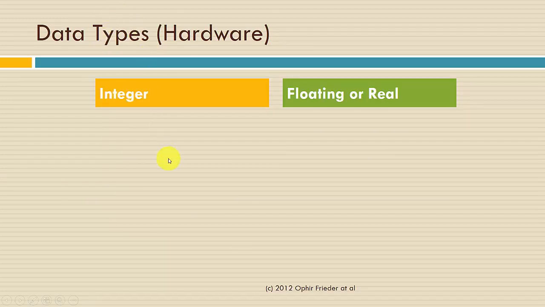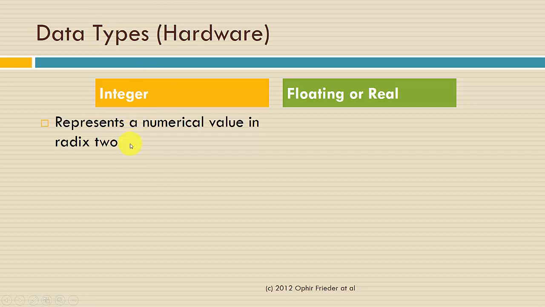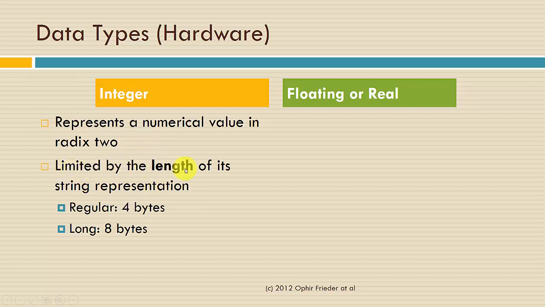So data types, hardware. Integer represents a numerical value in radix 2. Remember, that's our binary numbering system, those zeros or ones. And it says length limited by length of its string representation. You'll see that in many languages, you'll have maybe a regular type and a long type, and they're defined as being able to hold numbers up to a certain value.